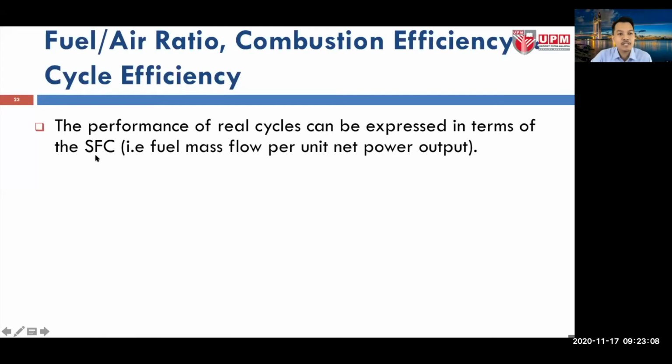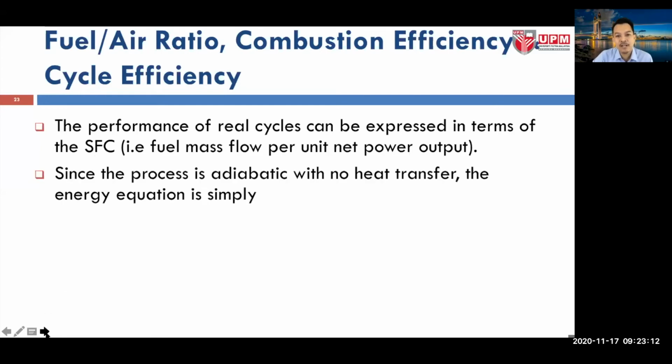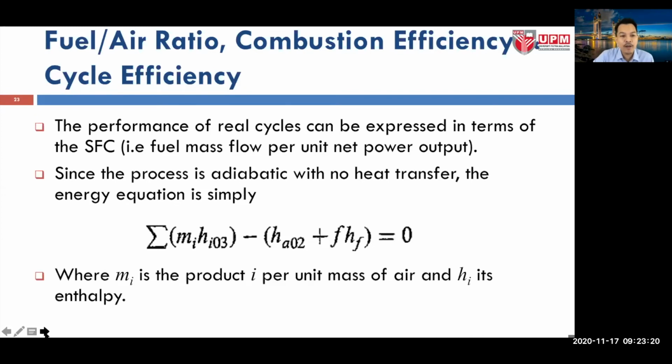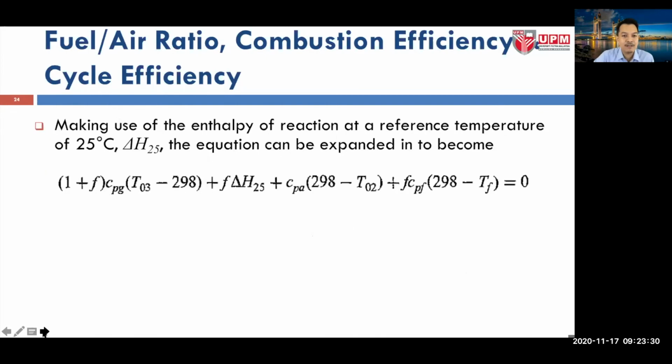That is what specific fuel consumption is all about. Since the process is adiabatic, meaning no heat transfer, the energy equation is simply given by this expression, where m dot, the mass flow, is the product per unit mass of air, and h is its enthalpy.